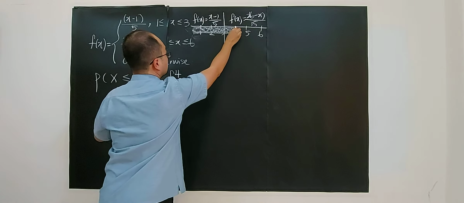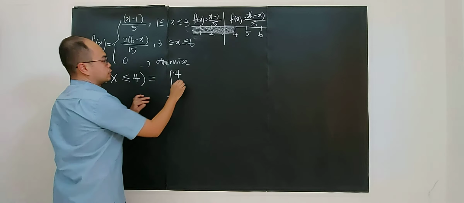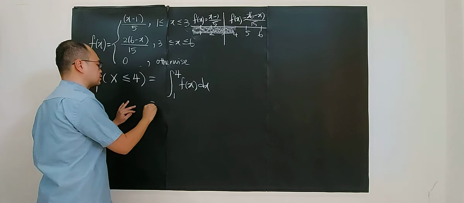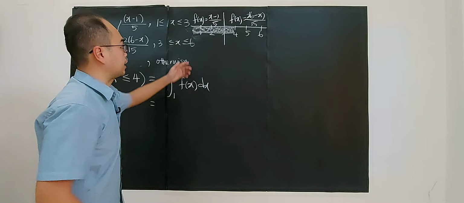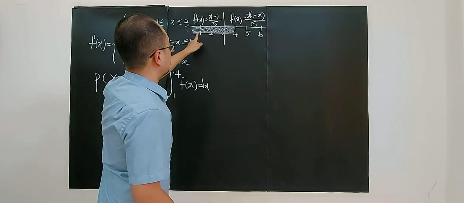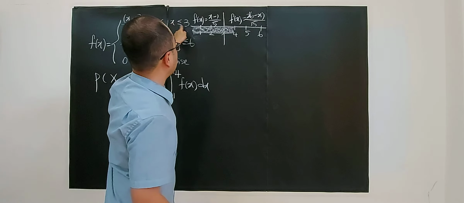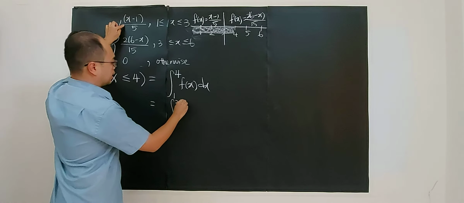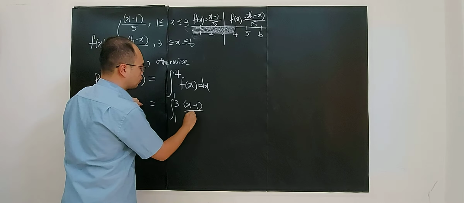Now they want 4 and below, so it's for the probability density function f(x) dx. But you have to further consider that this function is different at different intervals. From 1 up to 3, it's (x minus 1) over 5 dx.